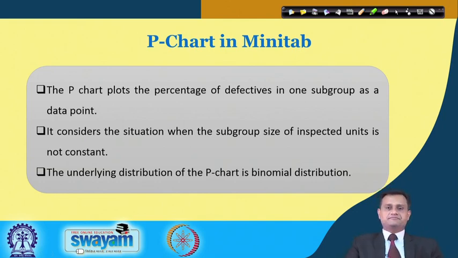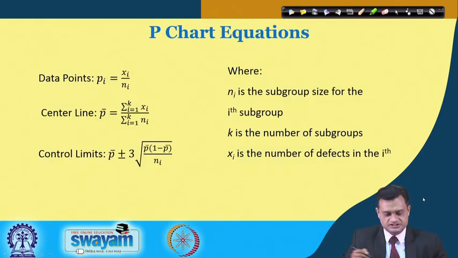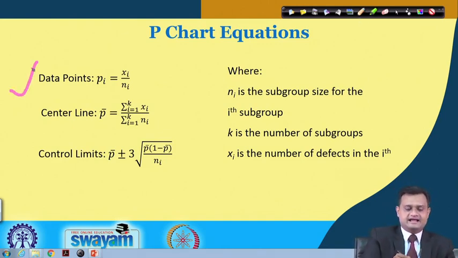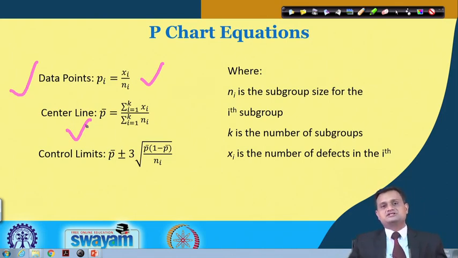Now let us look at the attribute chart, that is the P chart, in Minitab. The P chart plots the percentage of defectives in one subgroup as a data point, and it considers the situation when the subgroup size of inspected units is not constant. The underlying distribution of the P chart is the binomial distribution that we have discussed. So you have data points, p_i equals x_i divided by n_i. You can compute the center line. If P0, the target, is already given, then you use that.